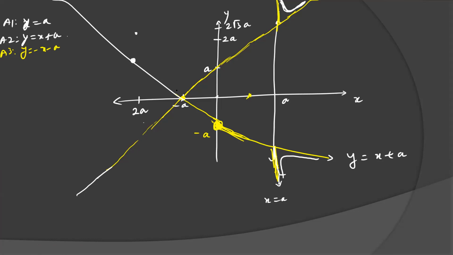Remember, at x equal to minus 2a, y equal to a on the line. But on the curve at x equal to minus 2a, y is equal to 2a by root 3. So 2a by root 3 is greater than a. So the curve will pass from here only, not from the above point.